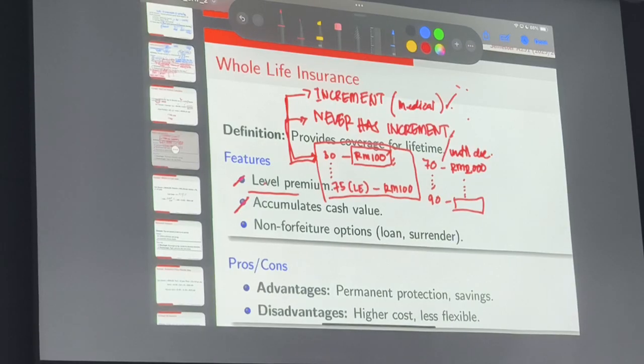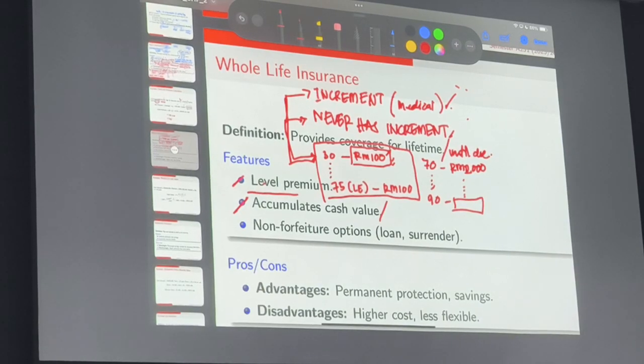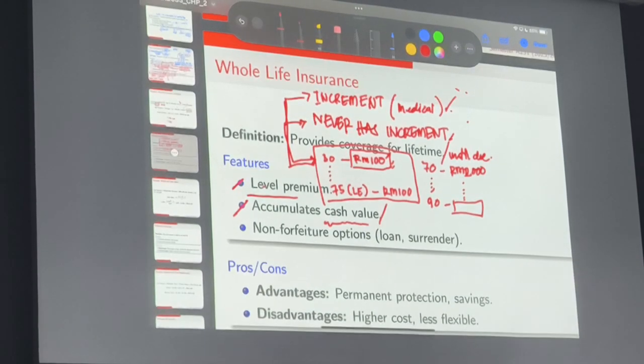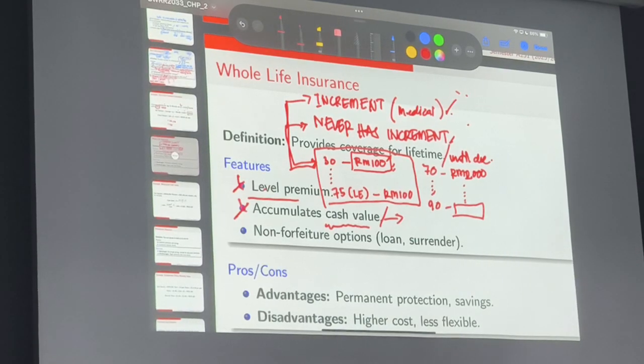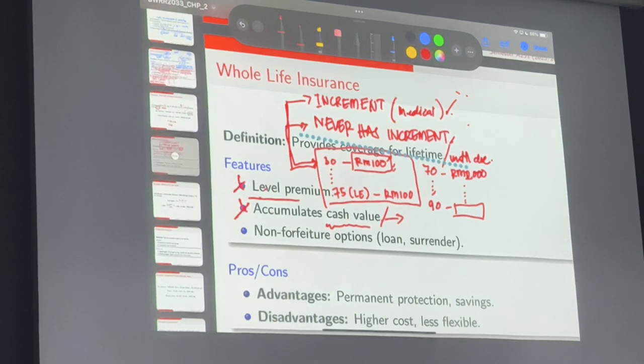This one will accumulate cash value. Ada cash value. So how do we calculate cash value? Later. Ada formula nak calculate cash value. Okay, next one, non-forfeiture options.